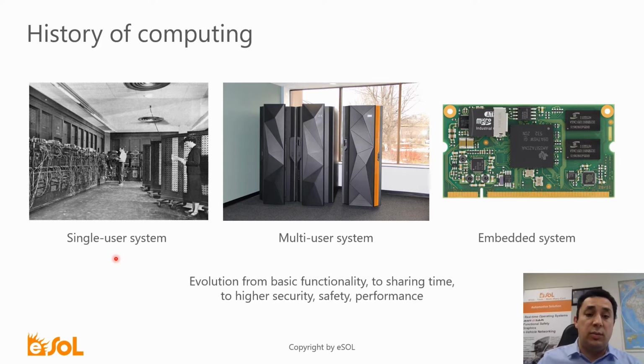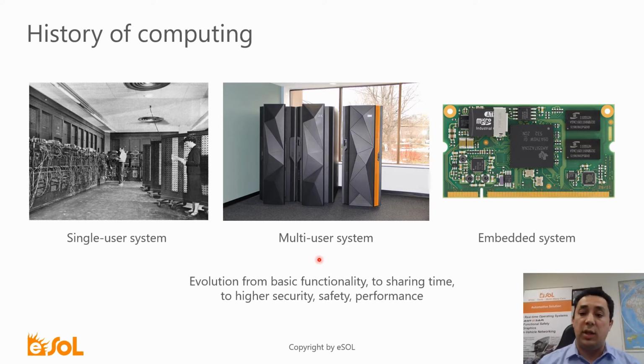But as systems ramped up in capabilities, in performance, in computing power, it became possible to run more complex algorithms and sometimes to even share the time of that system, because there was also an increasing demand to be able to run more applications there. So it moved slowly from a single user system to a multi-user system, or at least multi-application system, where sharing time became necessary, and the need for an operating system to organize this sharing became also necessary.